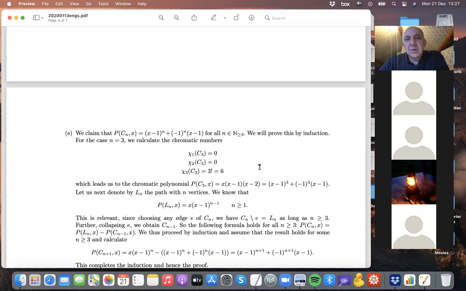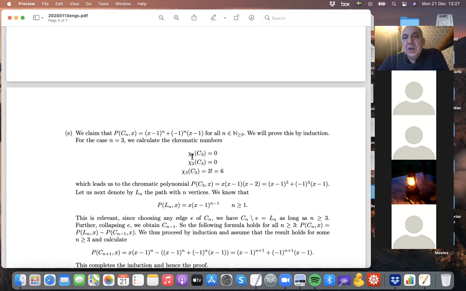That's also what we know. So here, let's start with a triangle. Here is the base of our induction. The triangle is also the graph K3. It's a complete graph. For a complete graph, the answer for the chromatic polynomial is really simple.